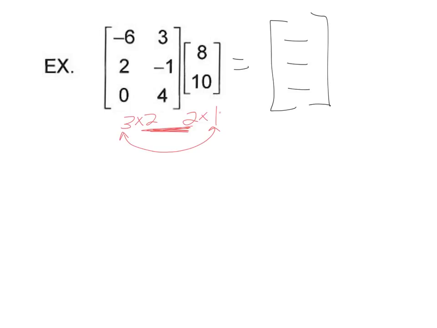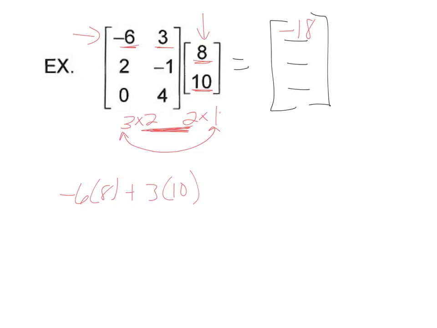I start with the first row multiplied by the first column. It's going to be negative 6 times 8 plus 3 times 10, which comes out to be negative 18.